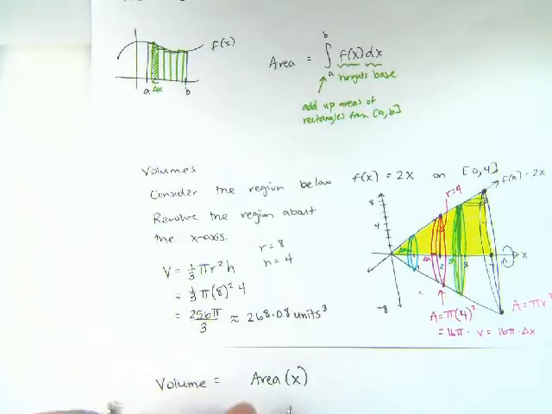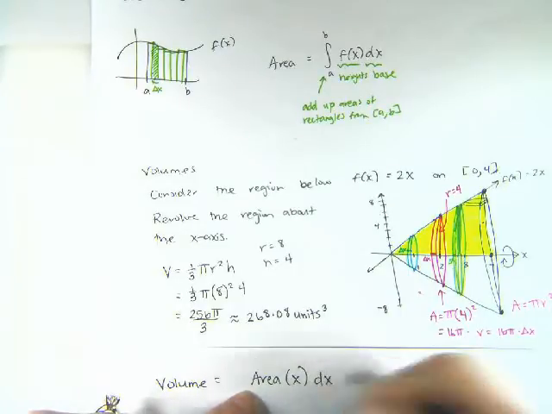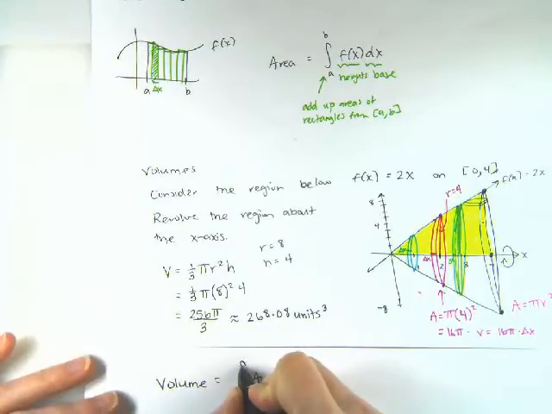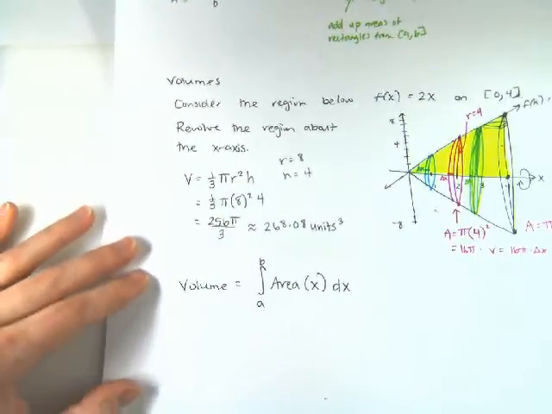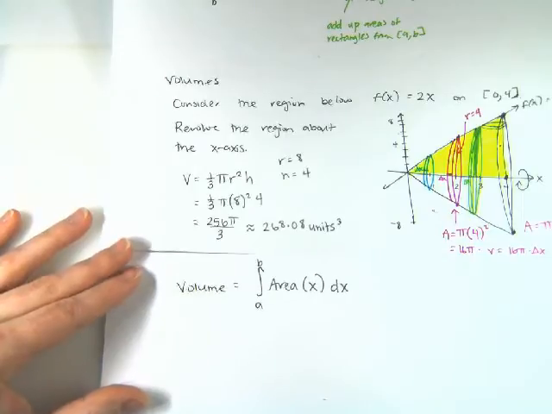So the idea is that if we can figure out what the areas of the cross-sections are as a function of x, and then multiply by the widths, which are delta x, I'm going to call dx, because we're going to be making those as small as possible. If we can add all of those up from a to b, oh, I'm off the screen, darn. That would end up giving us the volume.